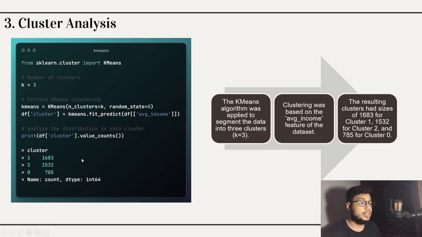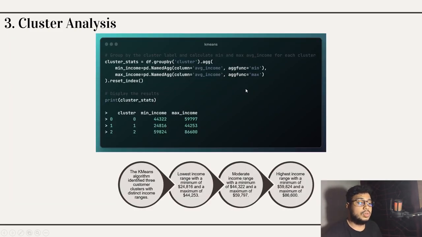After implementing the k-means cluster analysis, we got three clusters, 0, 1, and 2, and we also got the number of items in each cluster. But we still don't know the range of income in each cluster. So now we are aggregating each cluster by minimum to maximum.